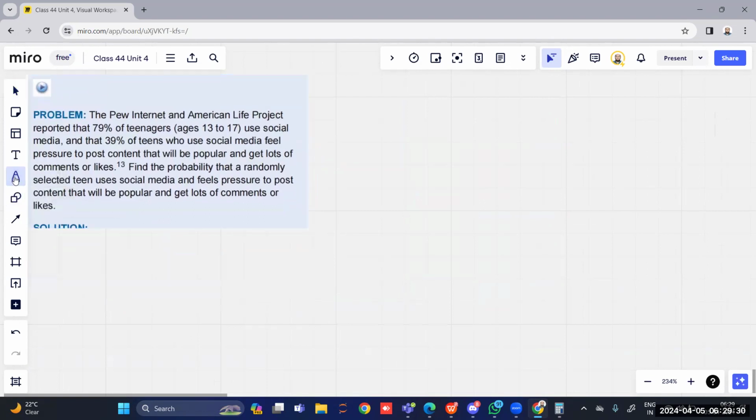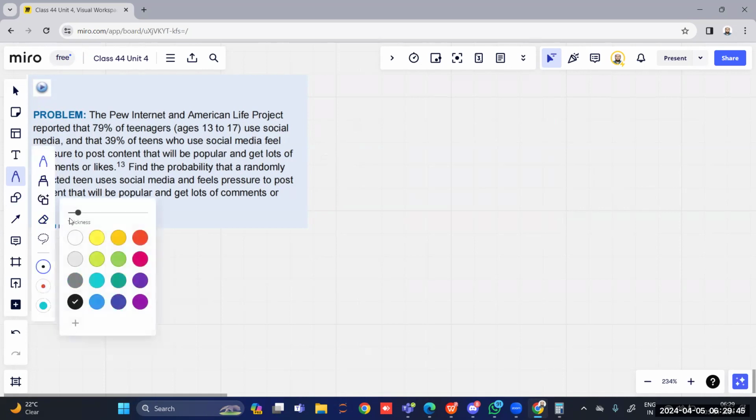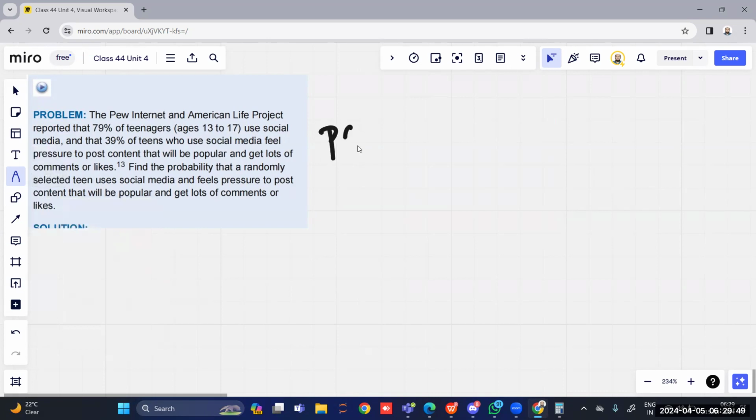So the probability of teenagers using social media is 79%, meaning 0.79.